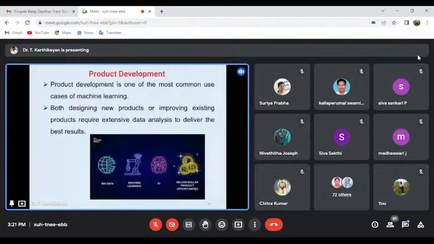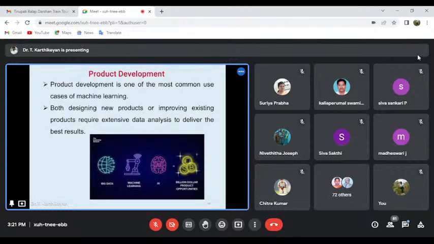So the machine learning solution can help in collecting and analyzing a large amount of product data to understand consumer demand, uncover hidden flaws, and identify new business opportunities. So by using this machine learning, what are the important things we can apply?